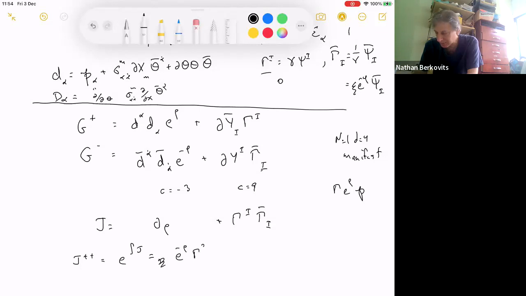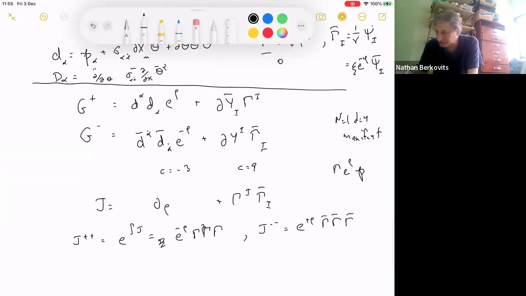Gamma cubed is gamma i, gamma j, gamma k, epsilon i j k. And J minus minus is equal to e to the plus rho times gamma bar, gamma bar. And from that, you can construct G tilde plus. So G tilde plus is easy.